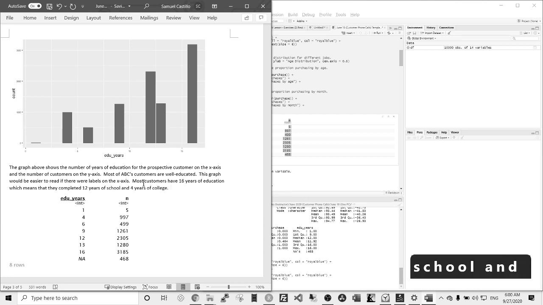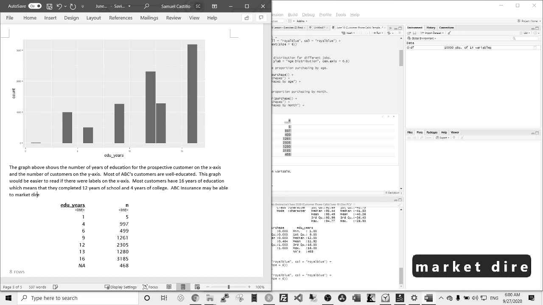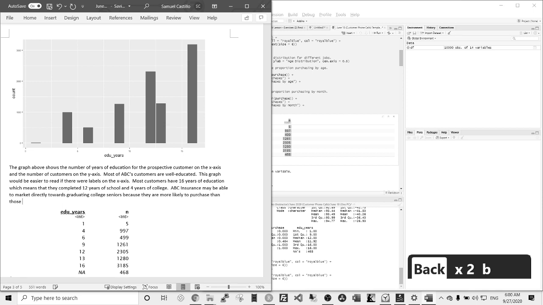So ABC Insurance may be able to market directly towards graduating college seniors because they are more likely to purchase than those who are still in school or do not have a bachelor's degree.